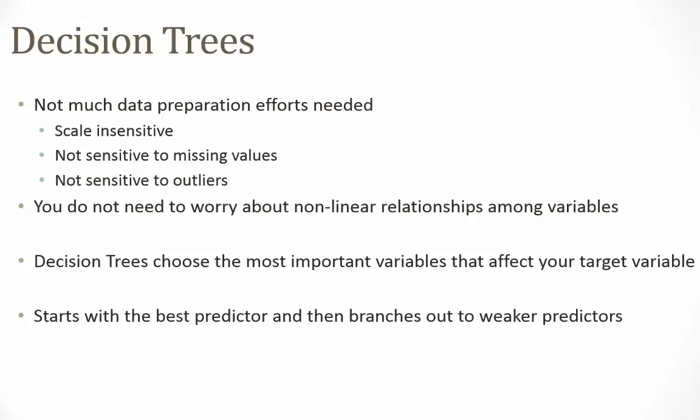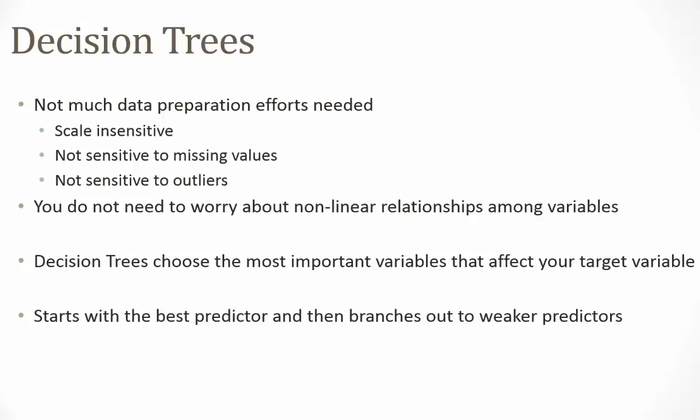In many other analytical techniques, when you have this scale variation, you have to somehow normalize your data or standardize it or pay more attention to standardized coefficients or standardized measures. But decision trees are not sensitive, so the way the algorithm works does not really care for the differences in scales. So here it saves you some time in data preparation as you don't have to worry about the scale.